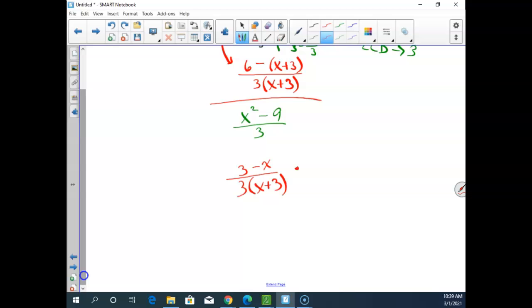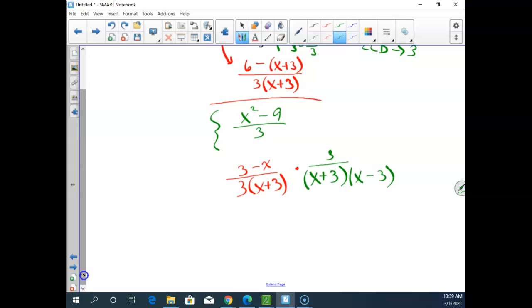Okay, now I'm going to multiply it by my denominator, but it's the reciprocal of it, so that becomes times 3 over x squared minus 9. That's a difference of squares, so I'm going to write x plus 3, and x minus 3.